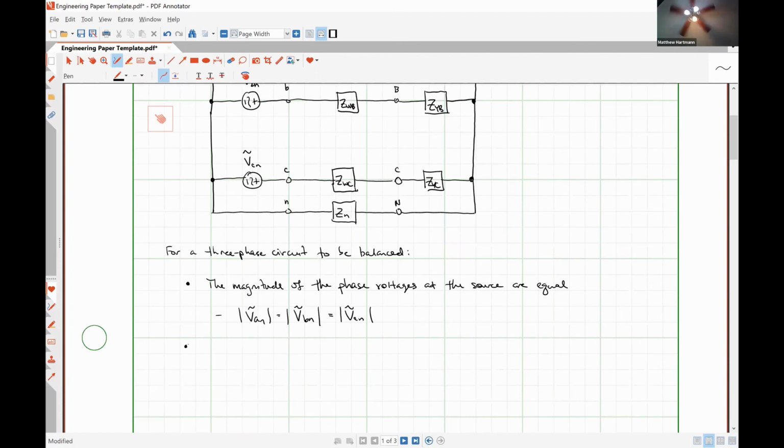Our second criterion is that the phase separation between the voltages is 120 degrees.